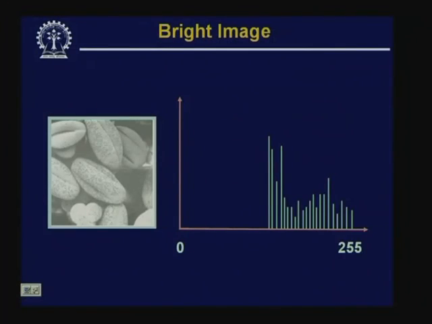So, in our case the minimum intensity of a pixel will be 0 and the maximum intensity of a pixel will be 255. In this example, as the histogram shows, most of the pixels have intensity which is near 255, that is the maximum value.